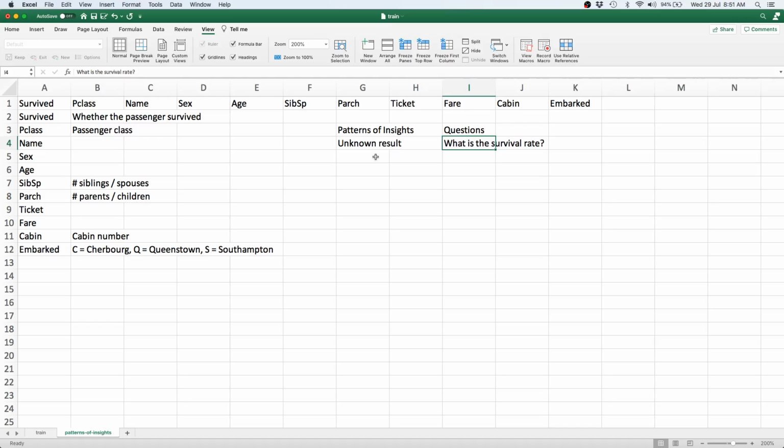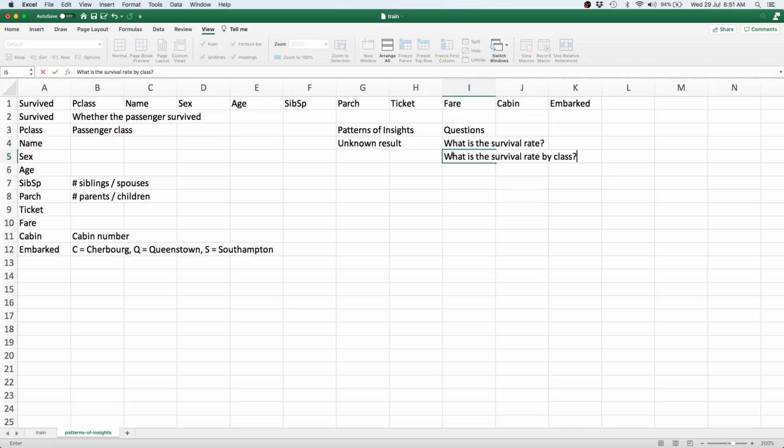Well, the other thing that we could find out by simply looking at these columns is what is the survival rate by class. So by passenger class, what is the survival rate?